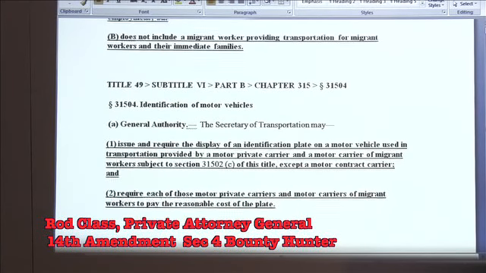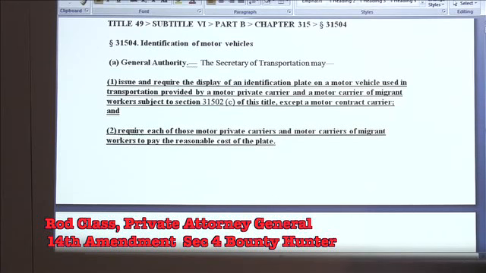Ladies and gentlemen, everything that we're dealing with says issued and required the display of identification plate on a motor vehicle used in transportation providing by a motor private carrier and motor carrier of migrant workers subject to section 31502 of this title, except a motor contract carrier, and required of each of these motor private carriers and motor carriers of migrant workers to pay the reasonable cost for the plate.